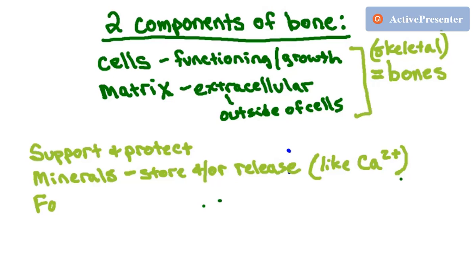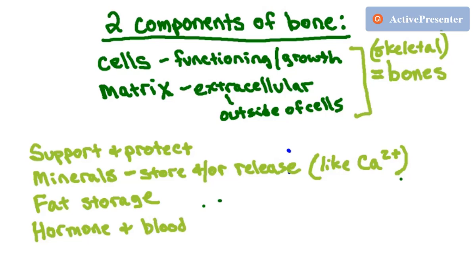Also, your bones are a storeroom for fat, and your bones are a source of hormone formation, and the source of blood formation. Blood is made in your bones, and specifically it's made in the bone marrow.